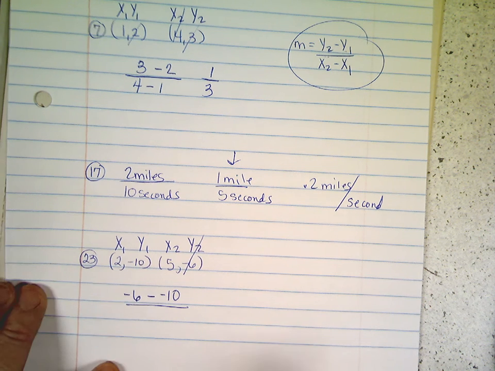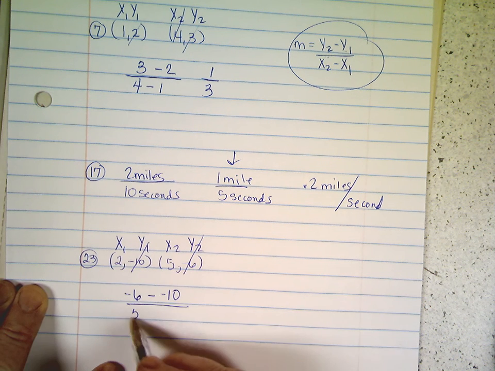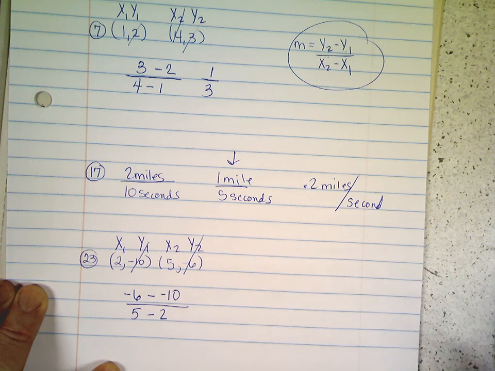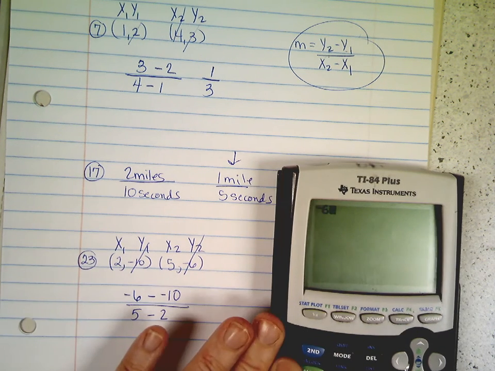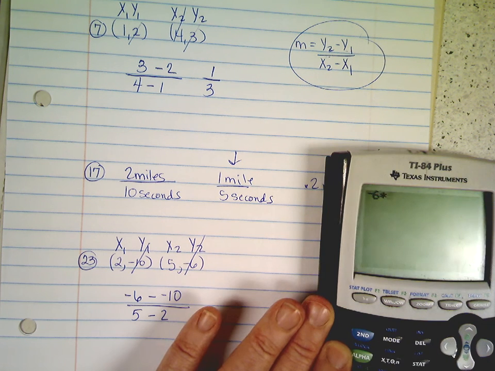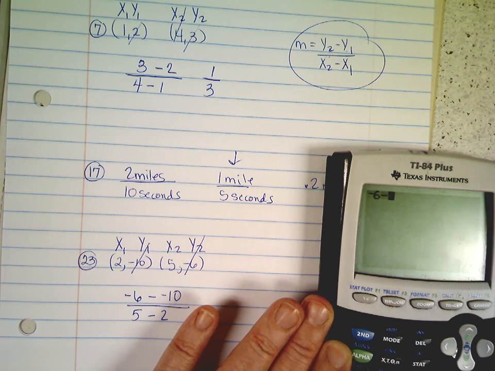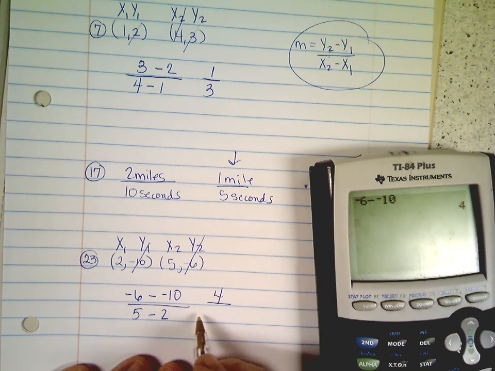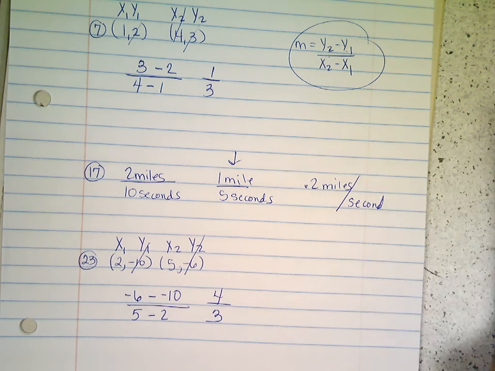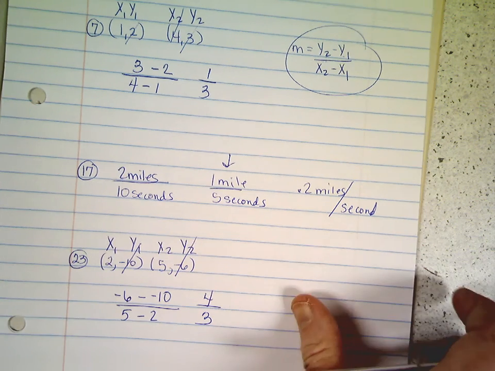Don't forget that. 5 minus 2. If you're not good with handling those, put it in your calculator. Negative 6 minus negative 10 is 4. 5 minus 2 is 3. So my slope on 23 is 4/3.